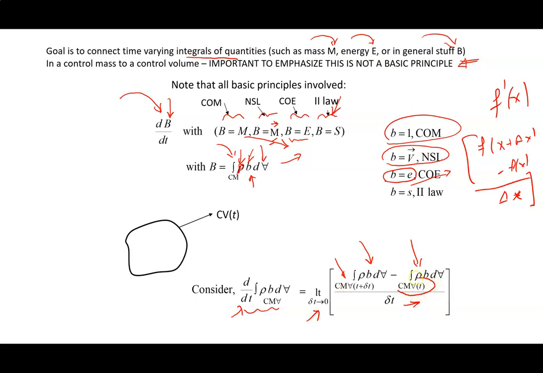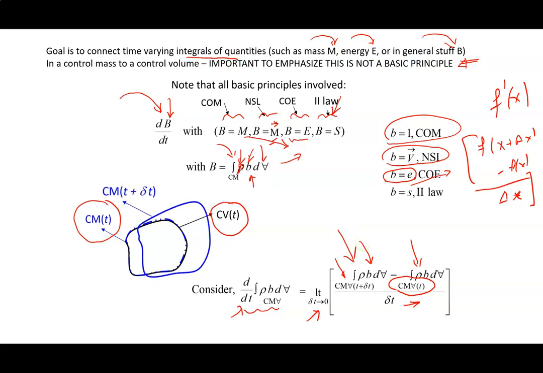This control mass volume, that's what the CMV indicates. The control mass volume is going to be the volume of the region in space occupied by the control mass. And I'm going to make the assumption, for this argument, that the control mass and the control volume are coincident at time t. The next integral, this one right here, is for when the control mass moves to a different location and also changes its shape.